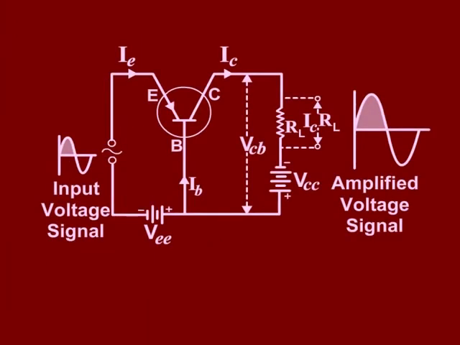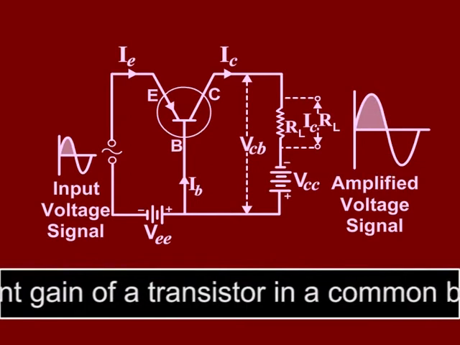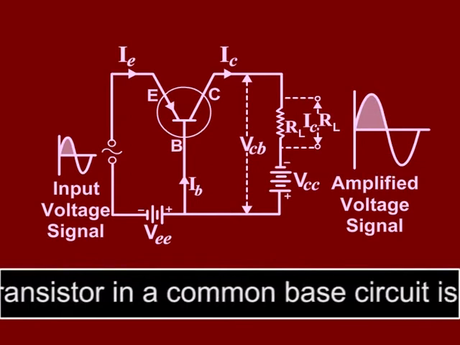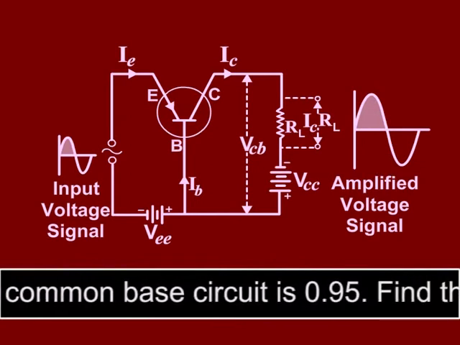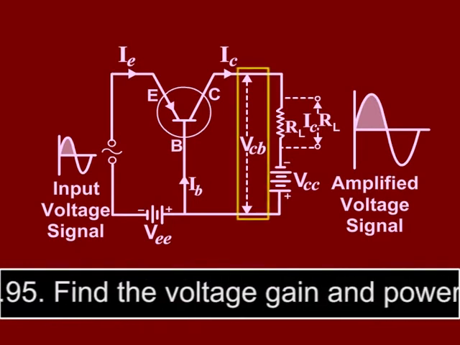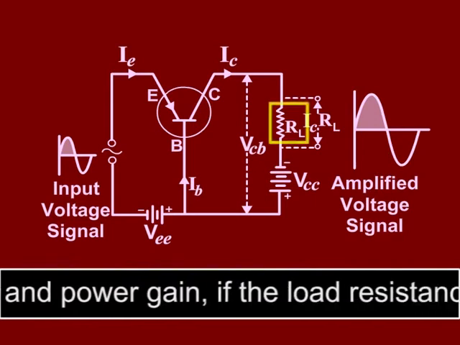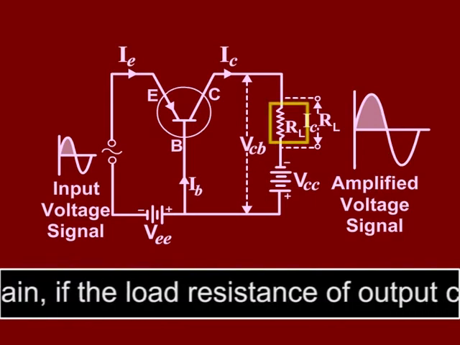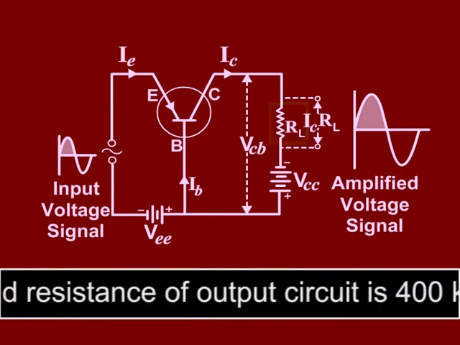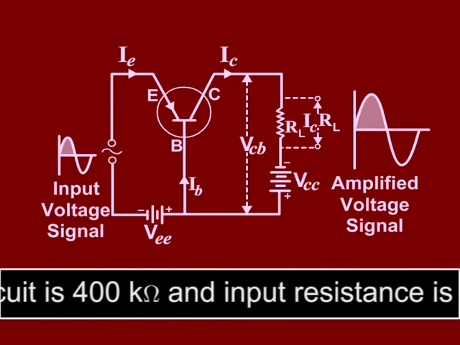We will solve one more numerical problem here. The current gain of a transistor in a common base circuit is 0.95. Find the voltage gain and power gain if the load resistance of output circuit is 400 kilo ohm and input resistance is 200 ohm.